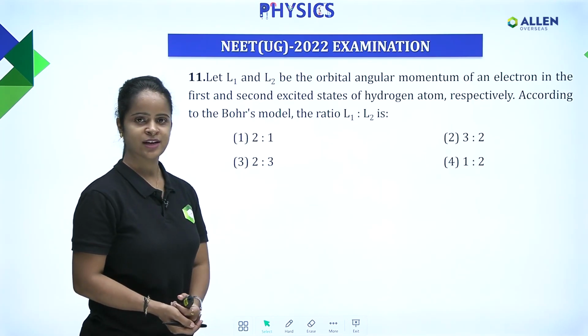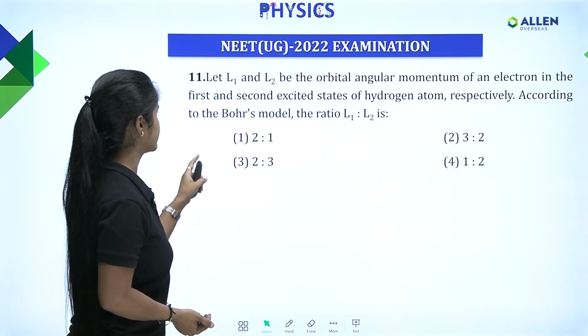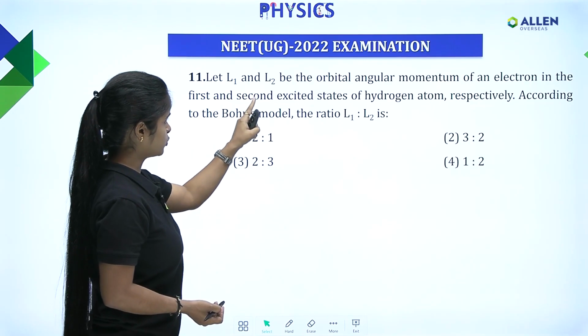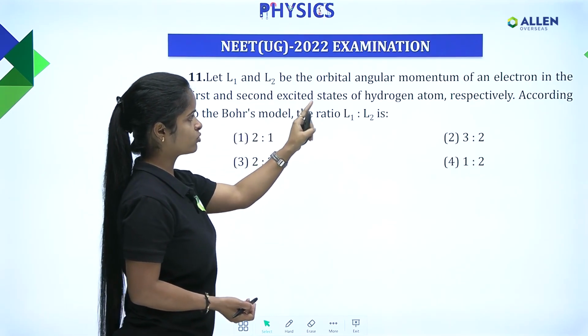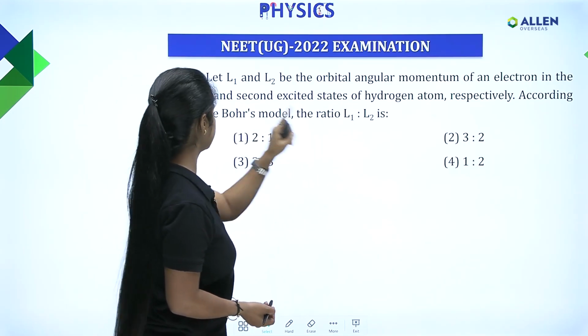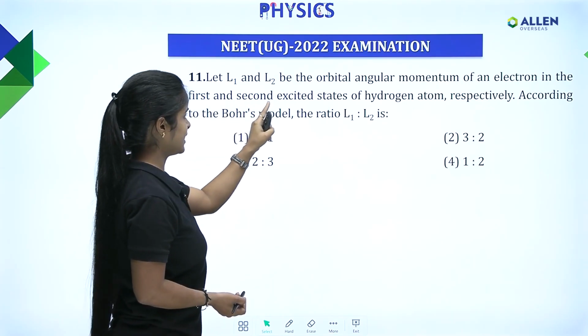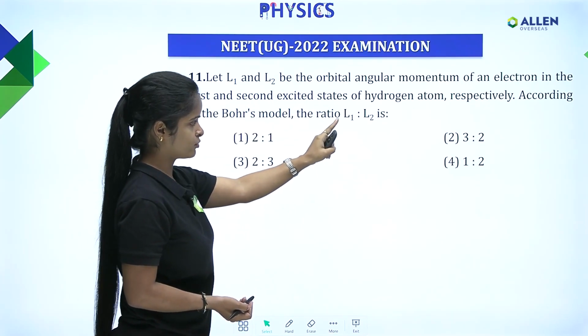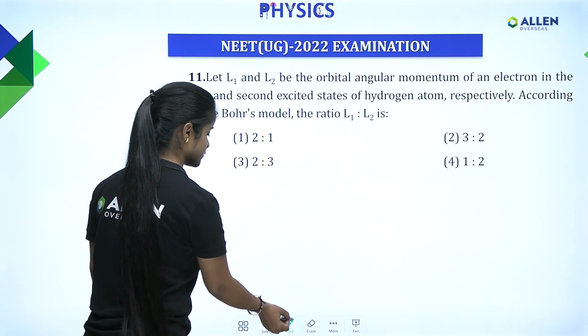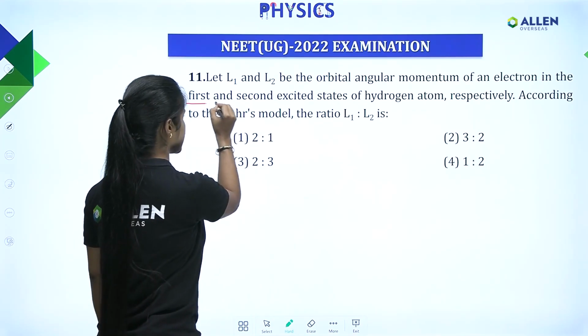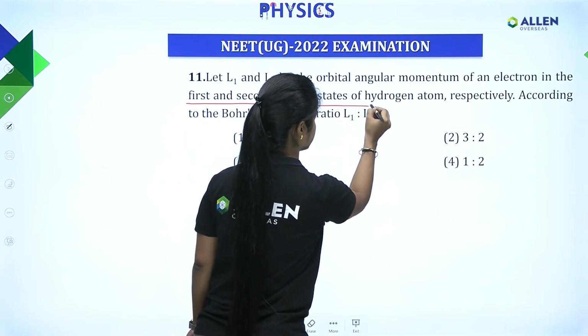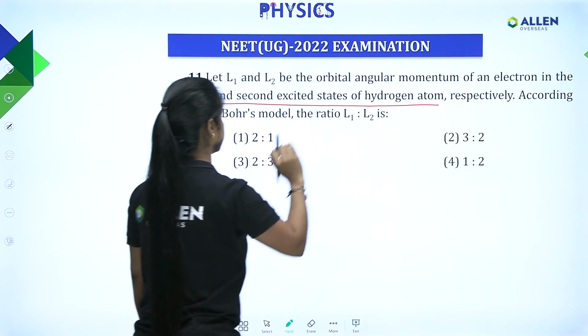Now here is the next question, that is question number 11. Let L1 and L2 be the orbital angular momentum of an electron in the first and second excited states of hydrogen atom. The thing that you have to focus on here is first and second excited state of hydrogen atom respectively.